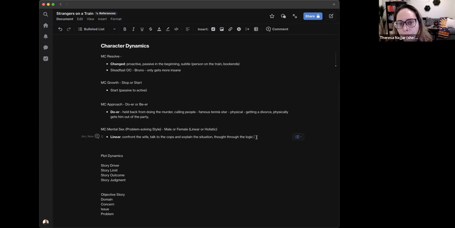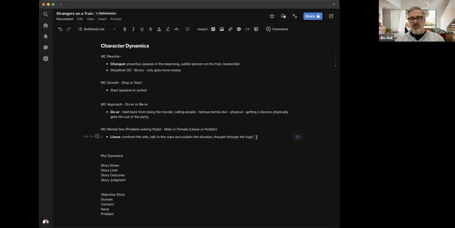And I believe that was written by a woman. I can look it up right now and double check. Okay. Yeah, sometimes that lines up with gender, but not necessarily. I mean, especially it's much more common for female authors to write male mental sex stories than it is for male authors to write female, for sure.